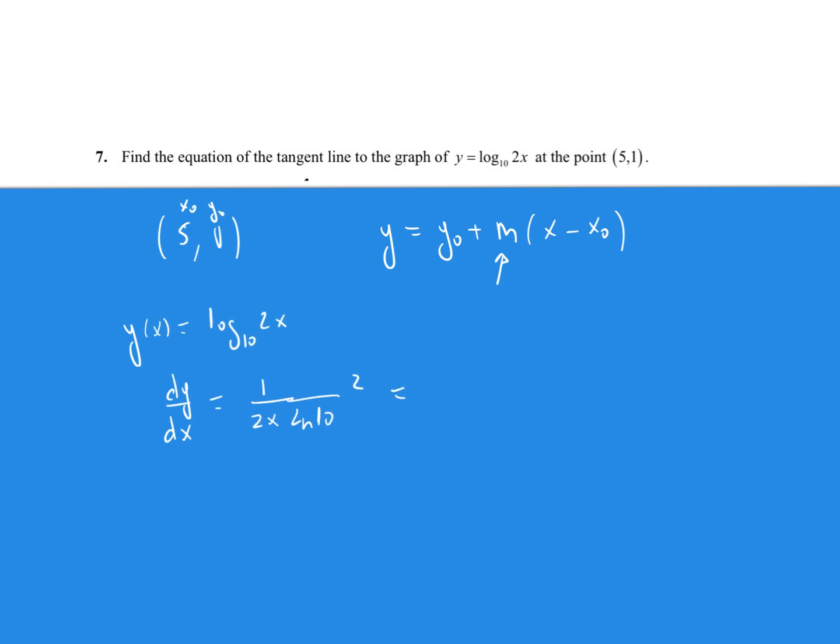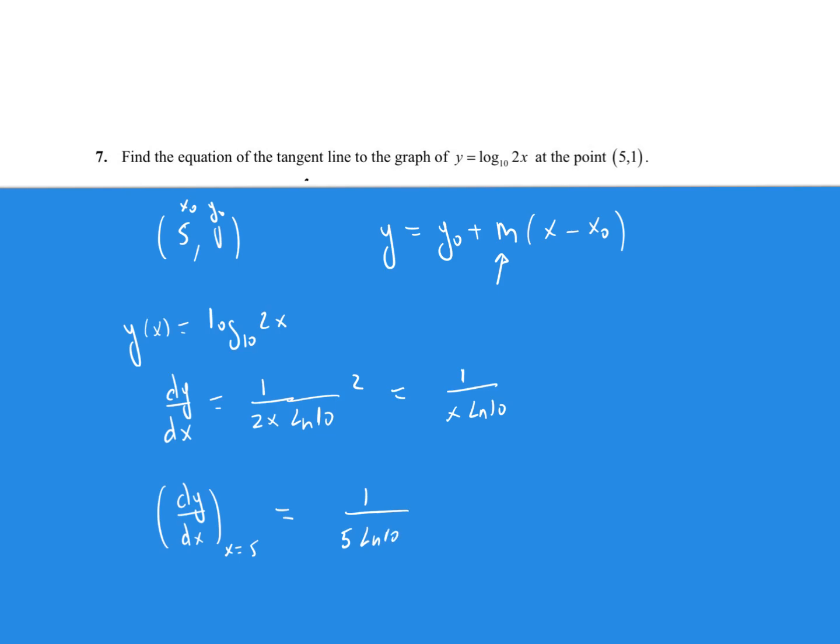So this will be 1 divided by x natural log of 10. And this is the derivative. But I want the derivative of y with respect to x at x equal 5. So the slope of the graph of log base 10 of 2x at x equal 5 will be 1 divided by 5 by natural log of 10.